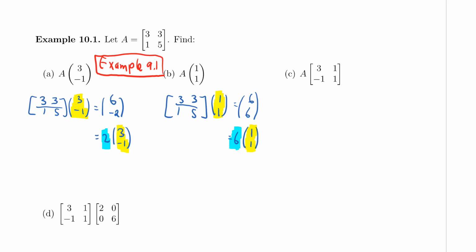Now I want to multiply A to (3, -1) and (1, 1). Notice that this is actually just the two vectors that we saw earlier put next to each other. Well, let me just play along and multiply this out.